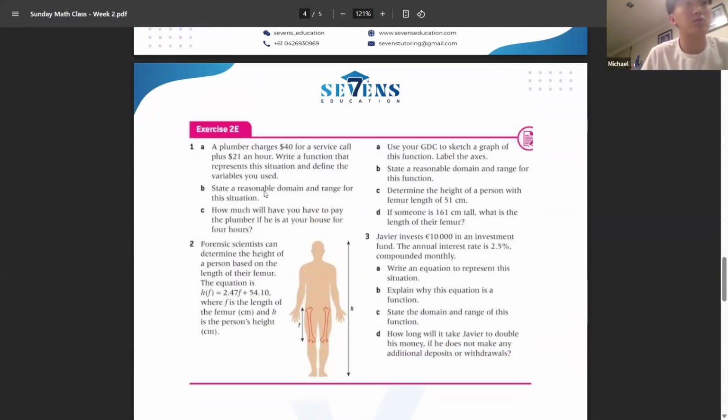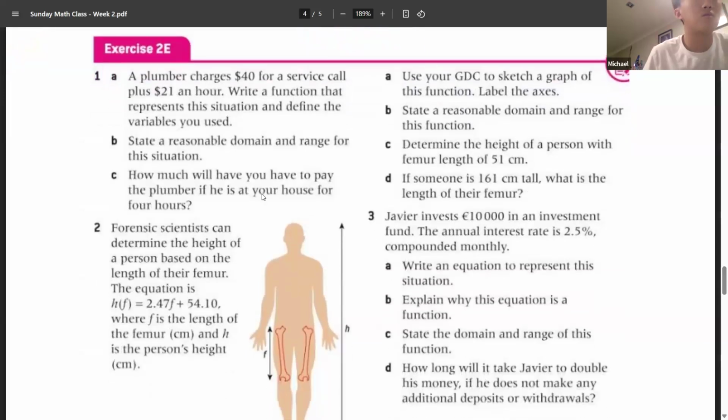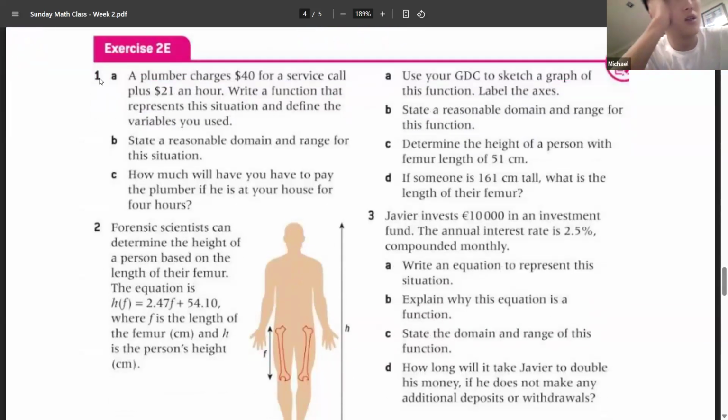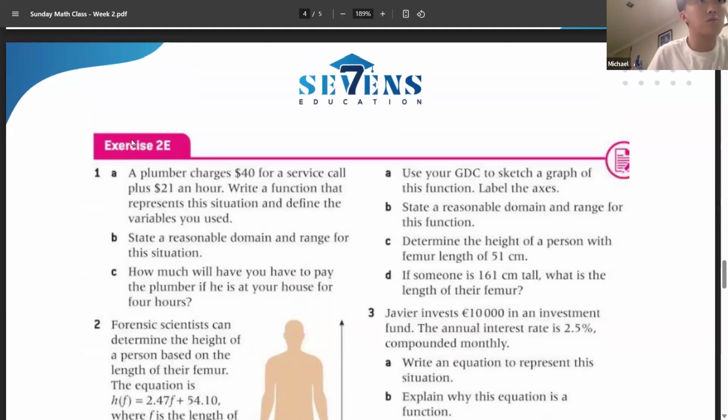Let's look at the first one. A plumber charges $40 for a call and $21 an hour. Write a function that represents the situation and define the variable used. Okay, so let's do A first.